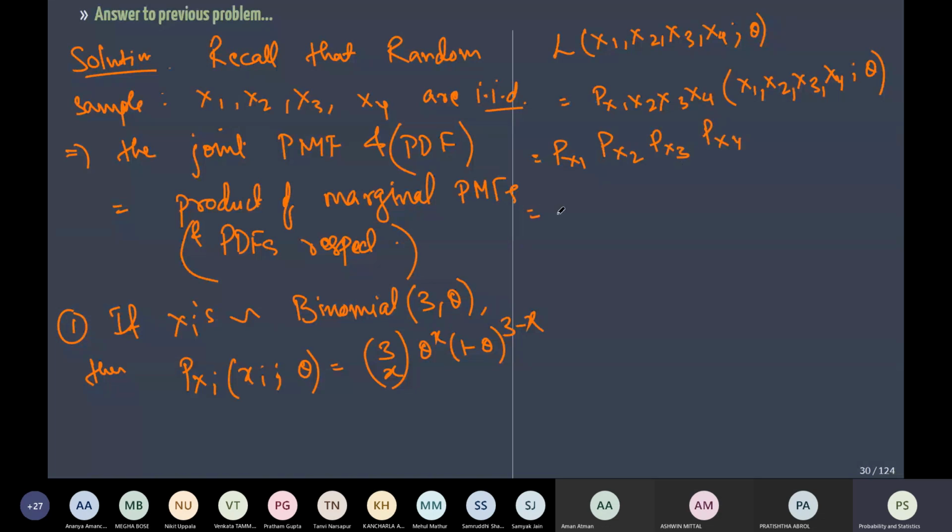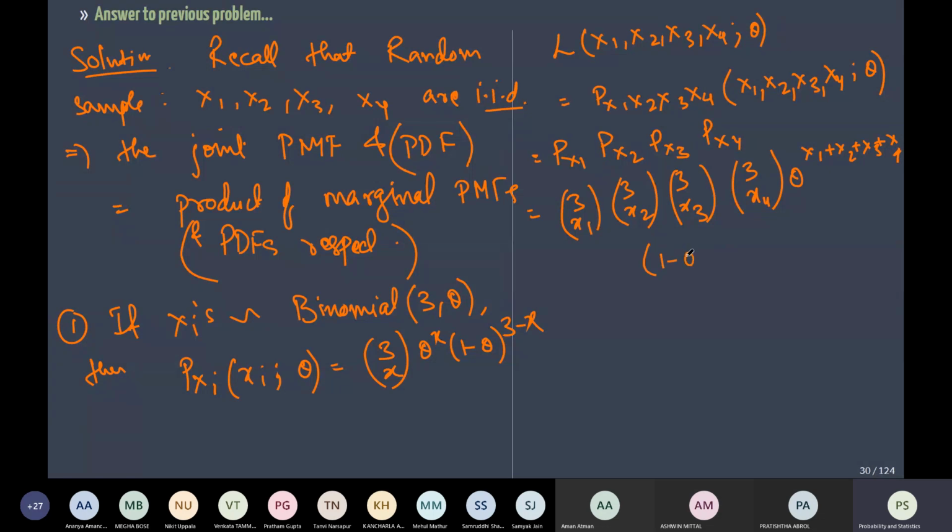The marginals we know: so it is C(3, x1), C(3, x2), C(3, x3), C(3, x4), and then theta^(x1 plus x2 plus x3 plus x4).